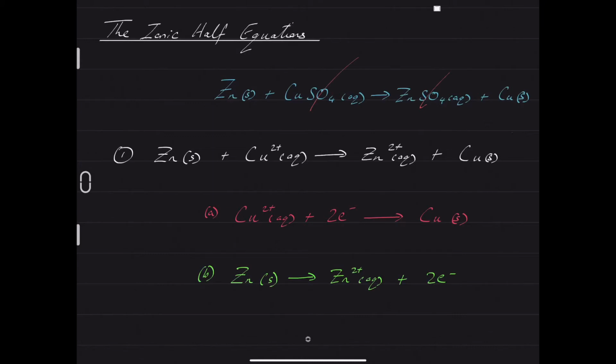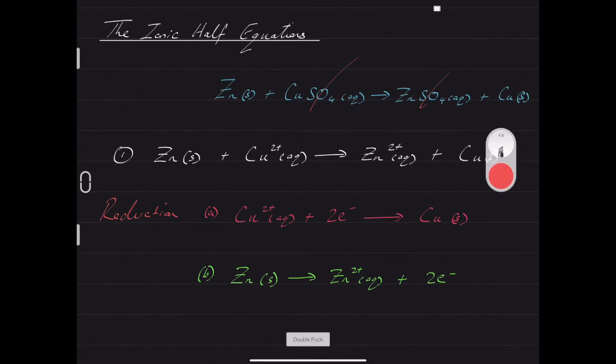One is going to represent reduction, and this is where the copper is being displaced. Here for A, we've got a reduction equation. So we say this is reduction. And what we have is copper 2 plus ions in an aqueous state will gain 2 electrons and become copper solid.